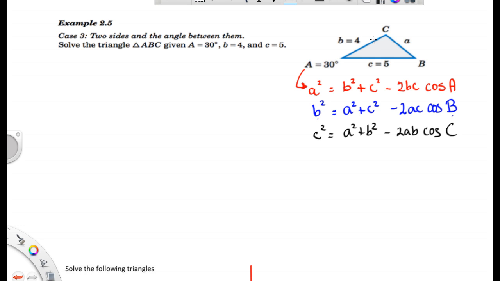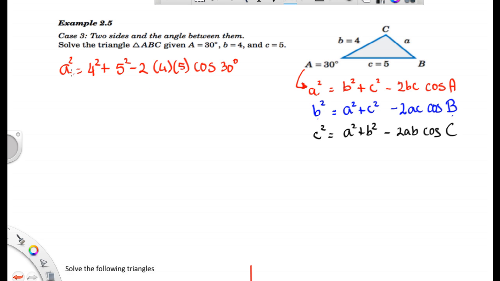And that works out actually because, look, I don't know what A is, but every other spot I have, because B squared would be 4 squared, C squared would be 5 squared, minus 2, B is 4, and C is 5, and I'm multiplying by the cosine of 30 degrees.